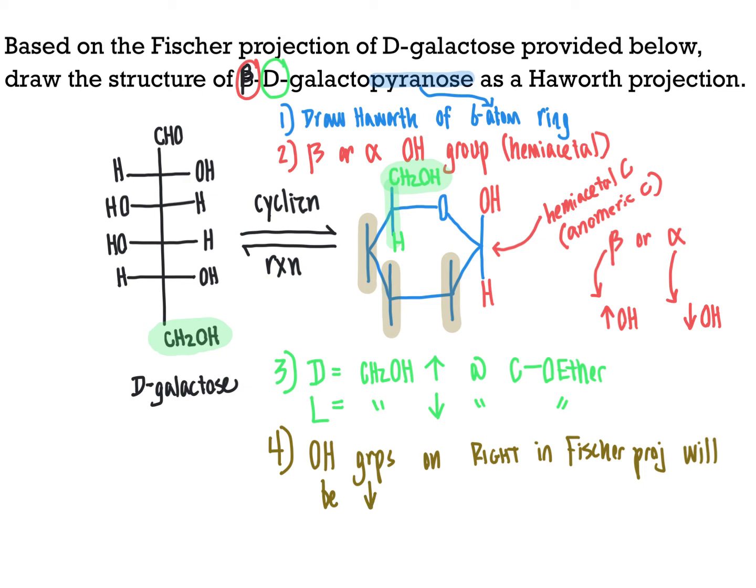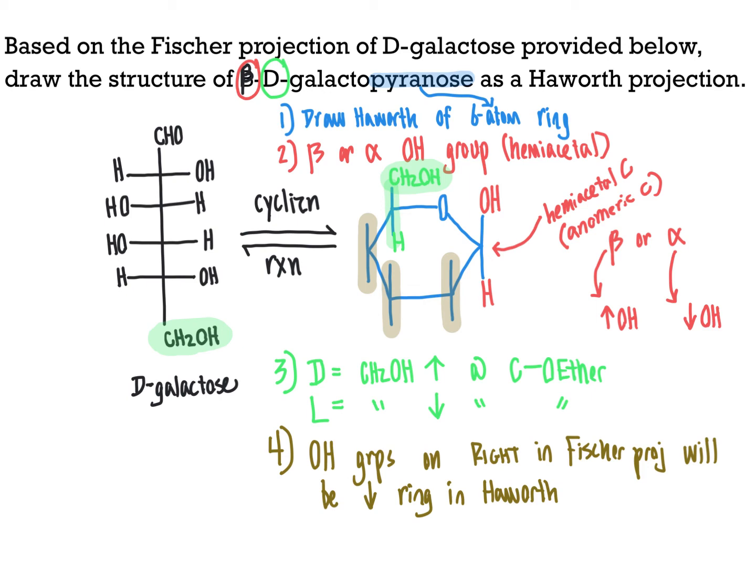So they'll be below the ring in the Haworth projection. And then, analogously, OH groups that were on the left in the Fischer projection will be above the ring in the Haworth. So let's take a look at how to sort that out.